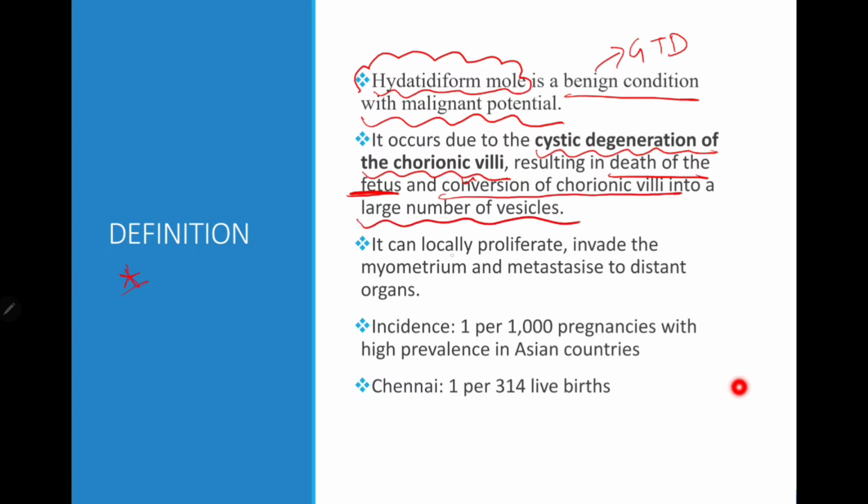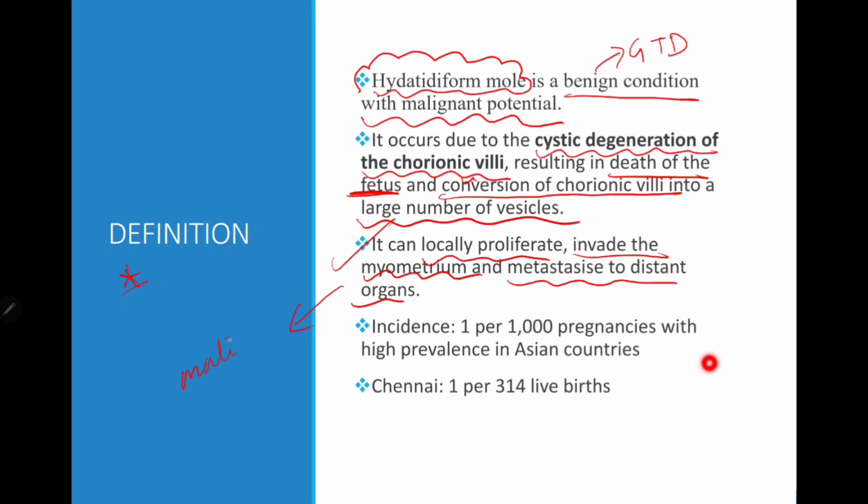Now it can locally proliferate. So hydatidiform mole can locally proliferate as well as invade the myometrium and metastasize to distant organs. See, that is why, as I told you, it has a malignant potential.